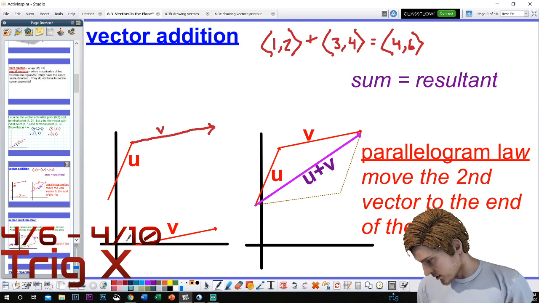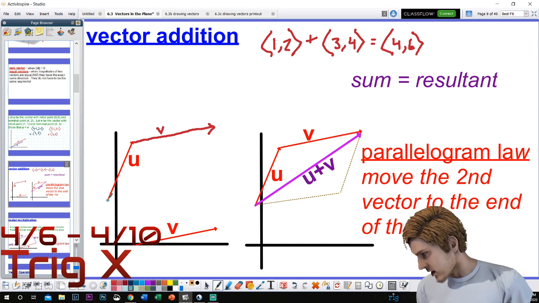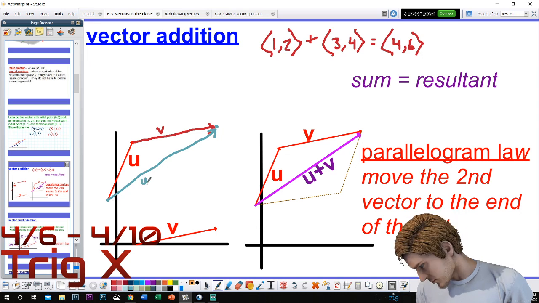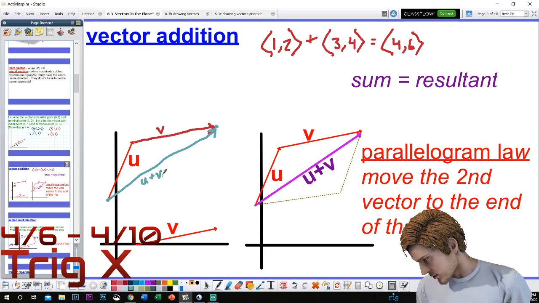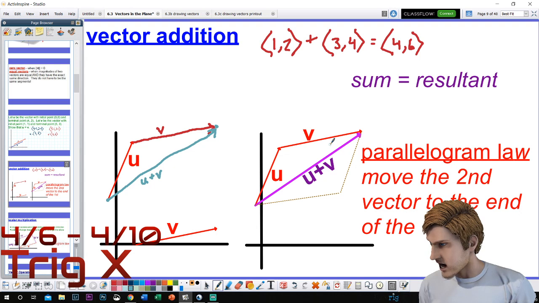So then my final answer will be from the start of U all the way up here to the end of V. So this little teal vector is U plus V, just like that. This is called the parallelogram law because all you do is you move the second vector up to the end of the first, and it would create a parallelogram if you do it perfectly. Your final vector, your answer, is from the start of U to the end of V again.